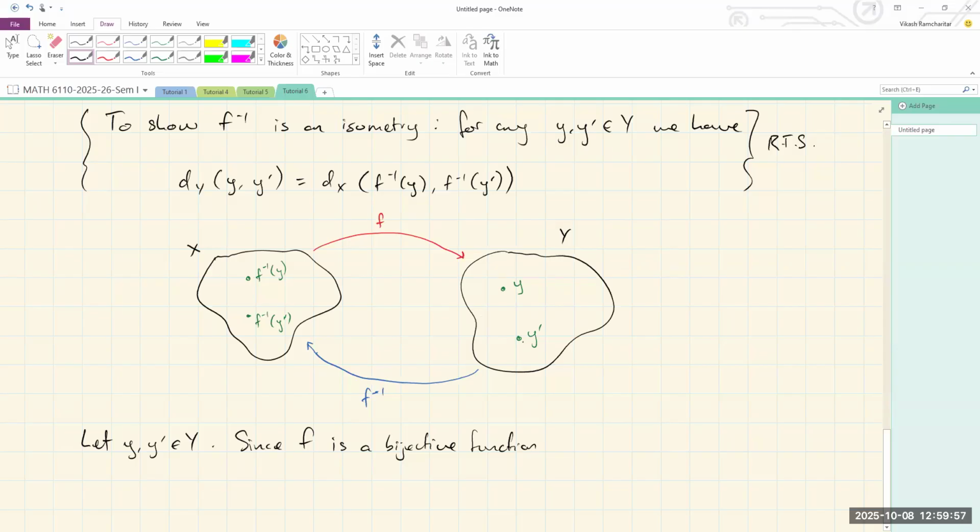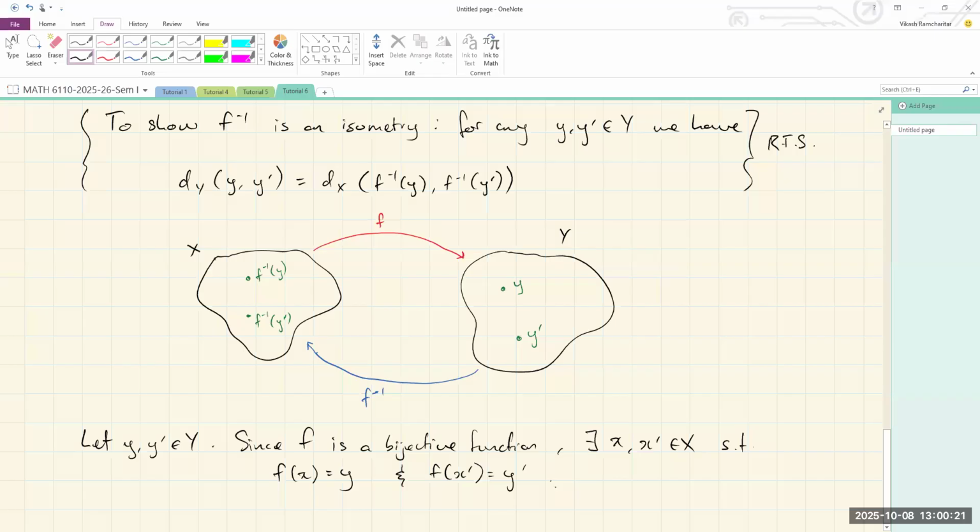Since f is surjective, that means there are elements in X which map onto them. So since f is a bijective function, there exist two elements, x and x prime in X, such that f of x equals y and f of x prime equals y prime.